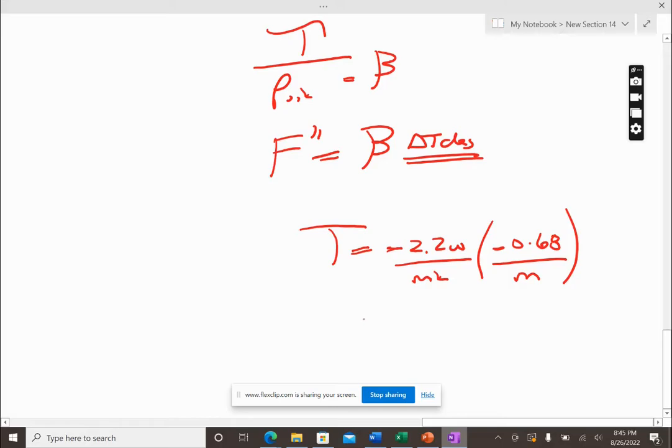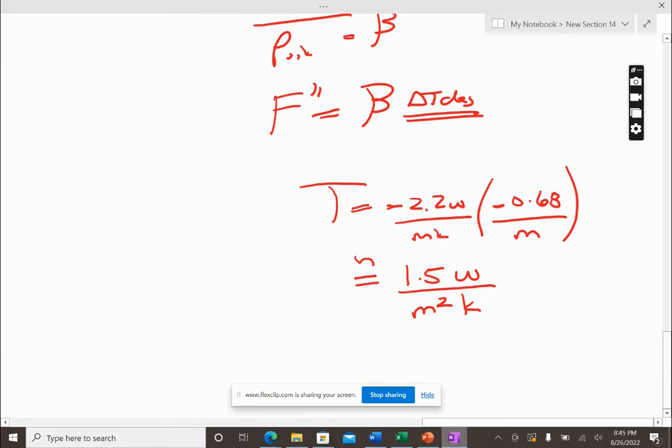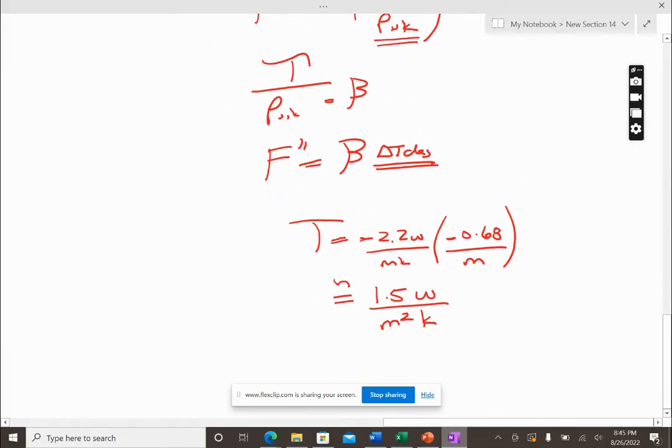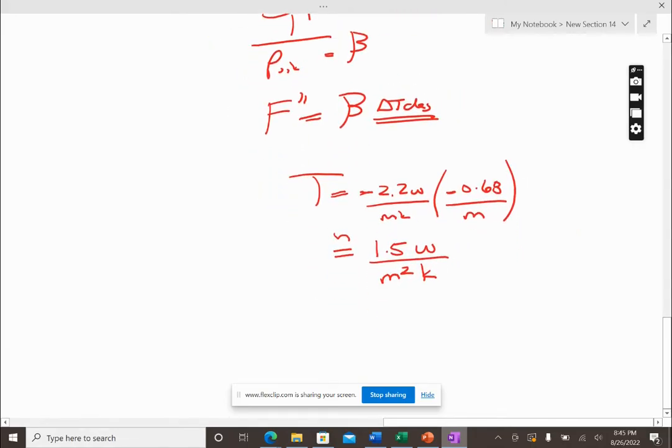And so tau is equal to approximately 1.5, in this case, watts per meter squared Kelvin.